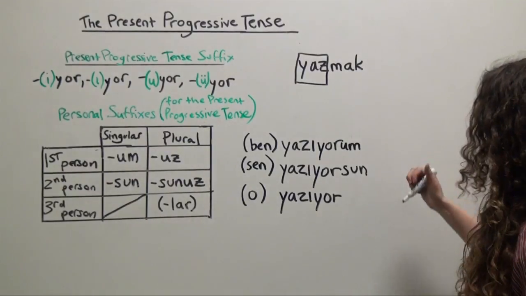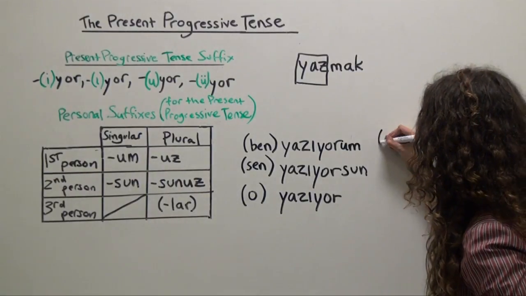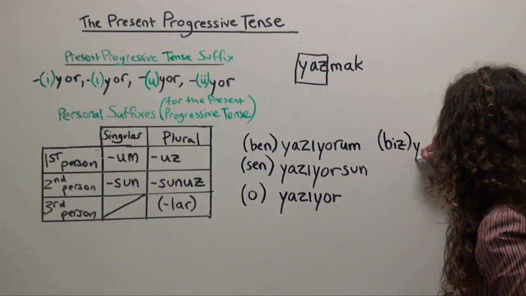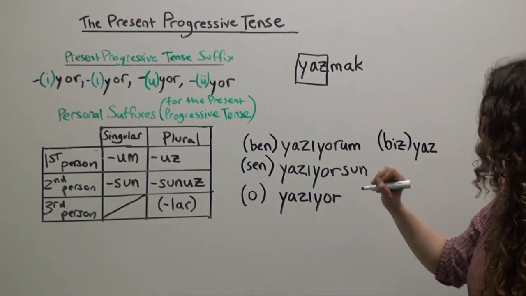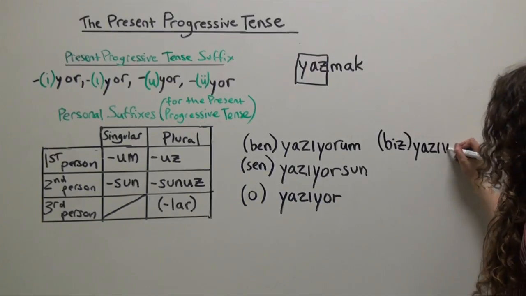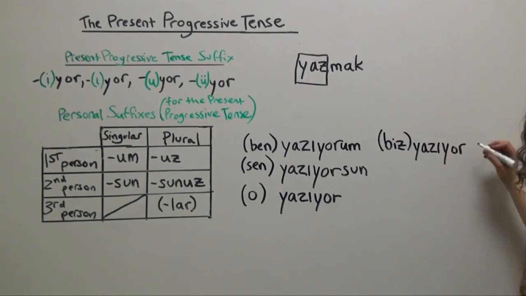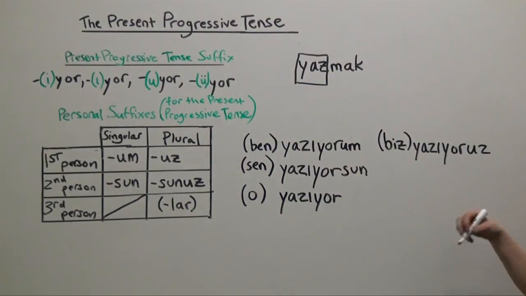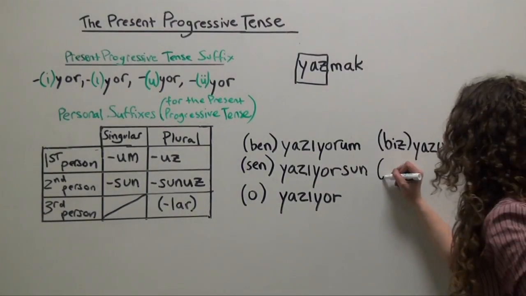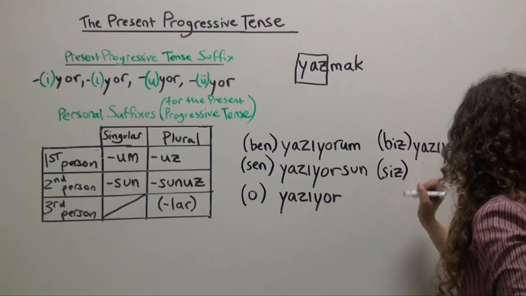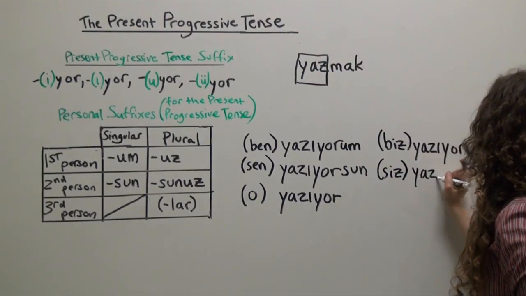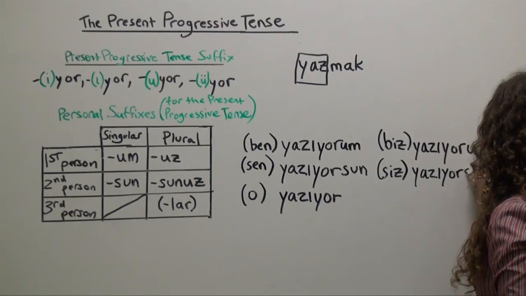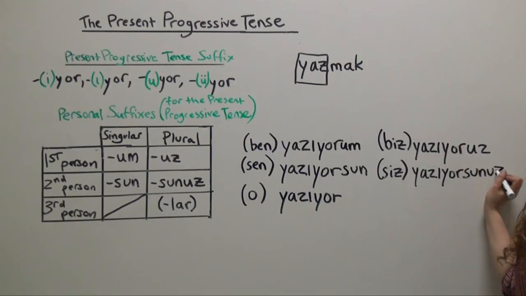Let's move on to the plural. Biz, we, yaz, ı, buffer vowel, yor, present progressive tense suffix, uz, yazıyoruz, we are writing, or we habitually write. Siz, you plural, you formal, yaz, ı, yor, sunuz.